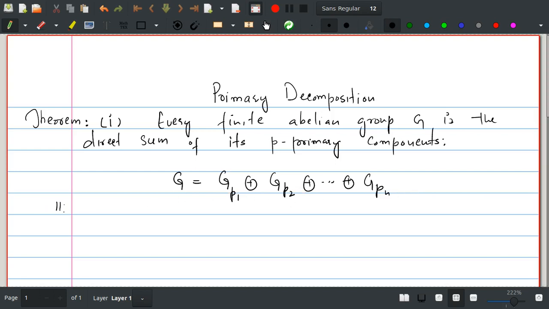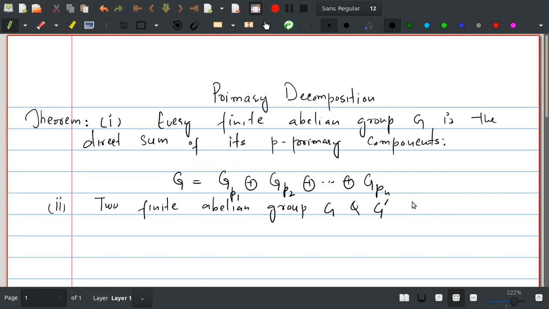And the second item is that two finite abelian groups, say G and G prime, are isomorphic if and only if their p-primary components are isomorphic.